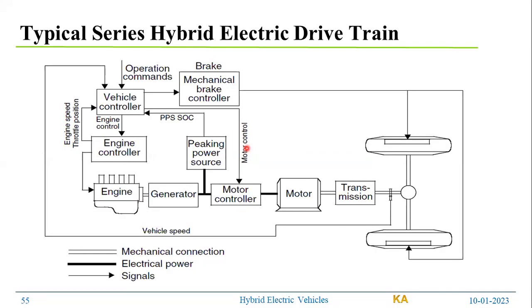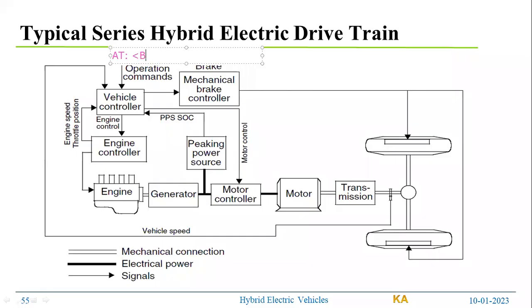But how do you control it? That is more important. How will all these instructions flow? For example, let us say it is an automatic transmission, then you will have in the vehicle only brake and acceleration.